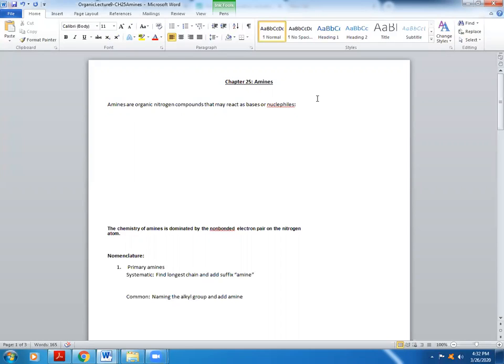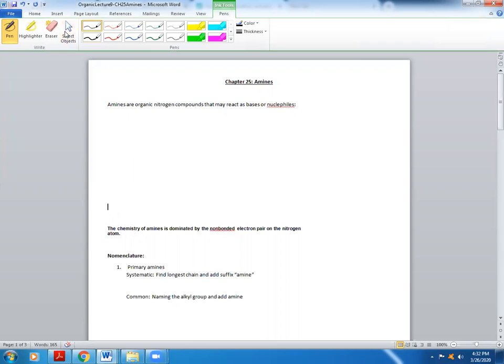So here's an amine. I'll write it on the top first. It's an N with 3 bonds. Those bonds can vary.